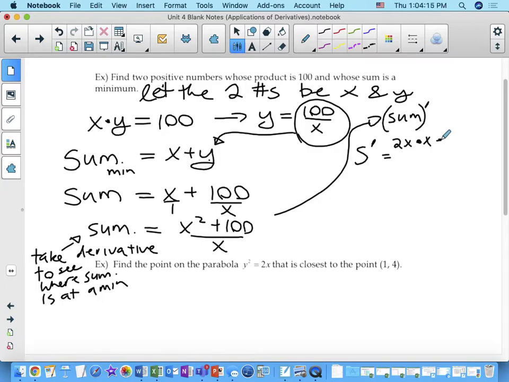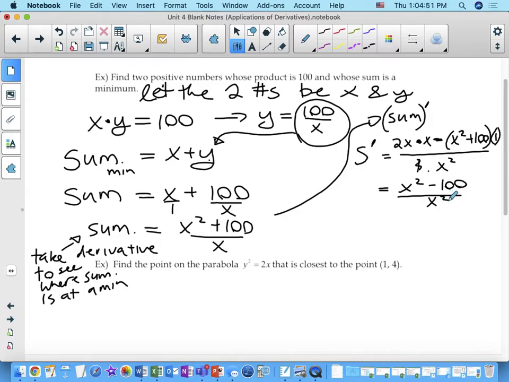U is x squared plus 100, times V prime is 1 over V squared. Okay, so what I end up with here is 2x squared minus x squared minus 100. So in the numerator, that's going to give me x squared minus 100 over x squared.